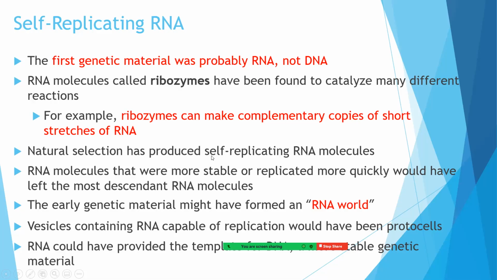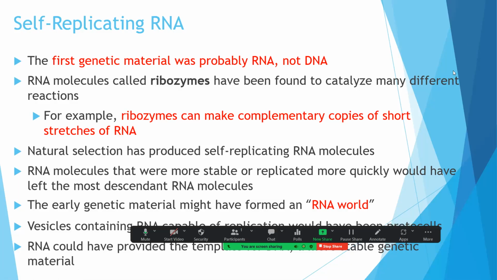If you start reading some of the early data, and these are some of the papers that I read in grad school in my molecular biology studies, these very early genetic materials might have formed what we describe as an RNA world. That is typically what scientists describe these early times as, right before life actually existed. It's a very interesting idea, and there's lots of science that helps to back this up if you were to look into that data.